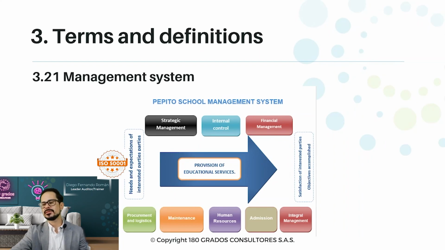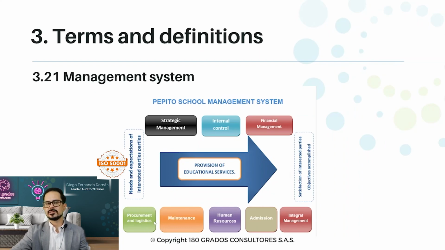Then there are mission processes, okay, in the middle, which are the reason for the organization existing and where clause 8 applies. In our example, this will be provision of the educational services.